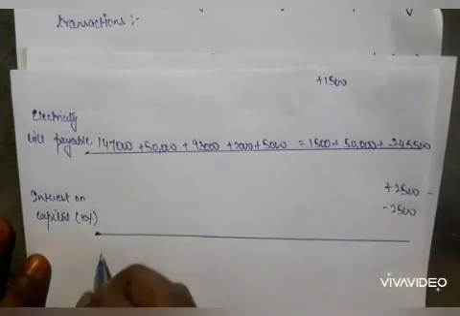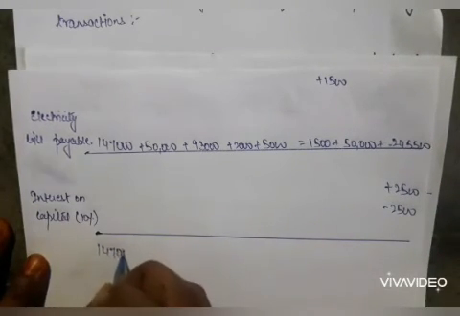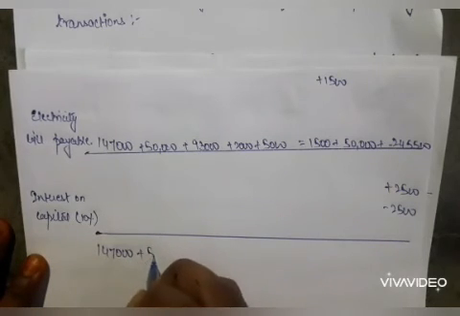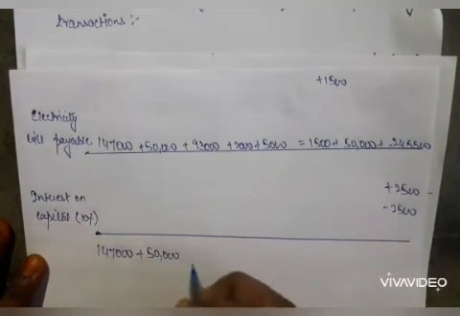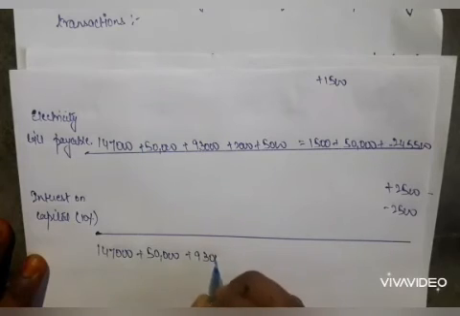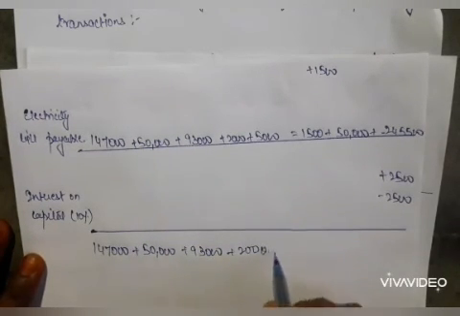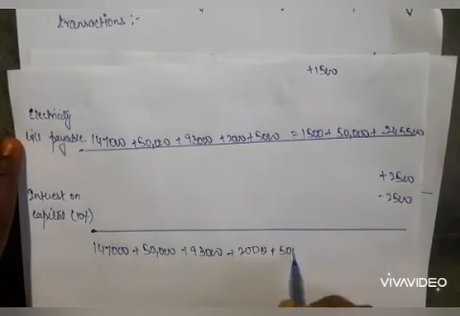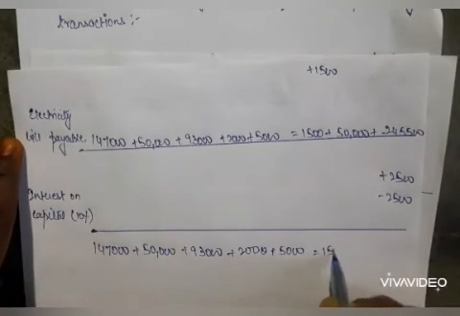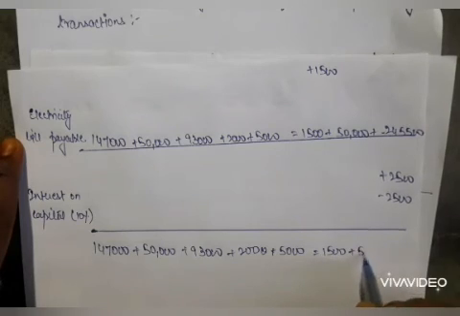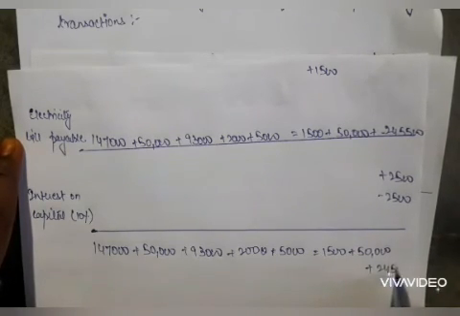So the final equation that we are getting is 1,47,000 plus 50,000 plus 93,000 plus 2,000 plus 5,000 will be equal to 1,500 plus 50,000, and here it would be 2,45,500.